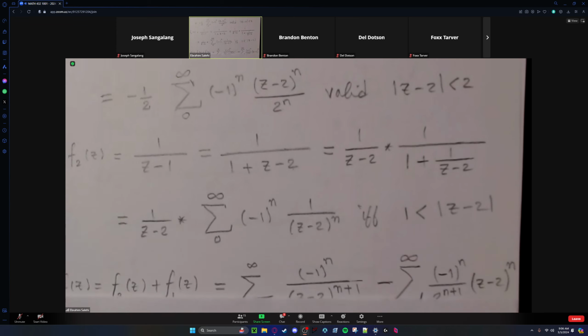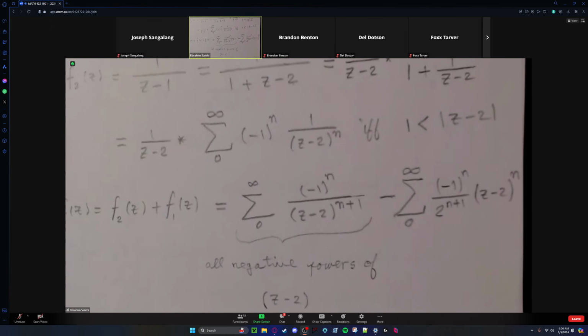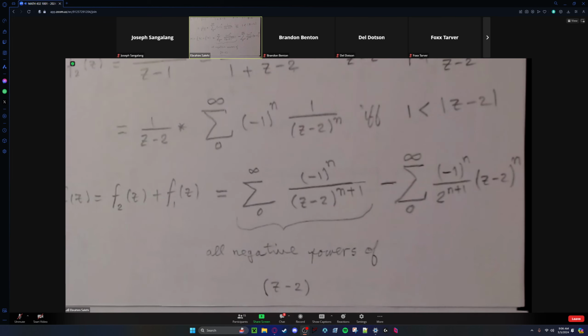Now putting both together, here comes the power series. All the negative powers are right here, all the positive powers of z minus 2 here. So we have a combination of all the negative powers of z minus 2 and all the positive powers of z minus 2.